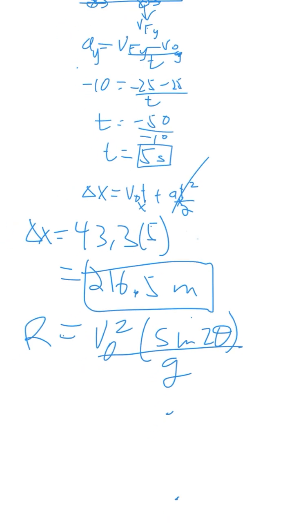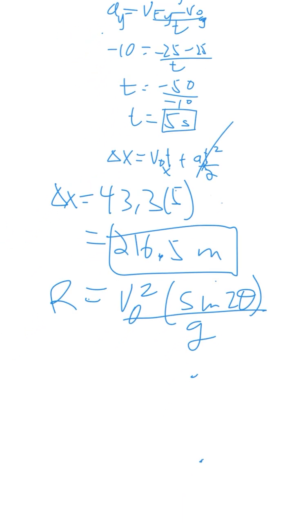Now this equation is a range equation. It's limited because it only figures out the range if it hits the ground at the same level that it was launched. Okay, so let's just check to see that works.